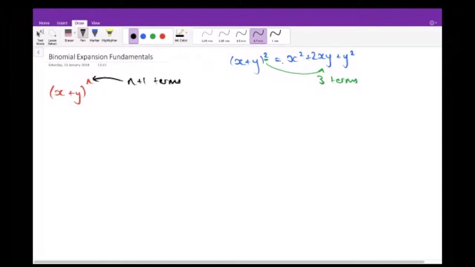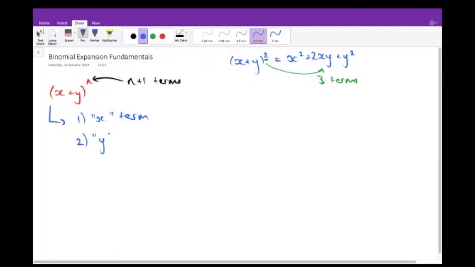Now, if I look at my expansion for the squared one, I've got something to do with x and y in most of my terms. So I always break down an expansion into 3 parts. Part 1, we've got, say, the "x" term. I'm putting these in inverted commas because sometimes it's not x, it might be 3x, it might be x squared, but it's the first term in the bracket.